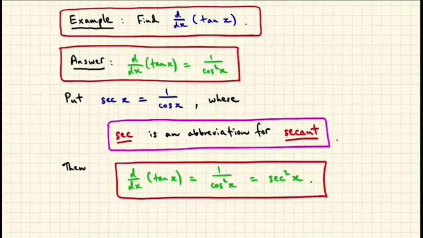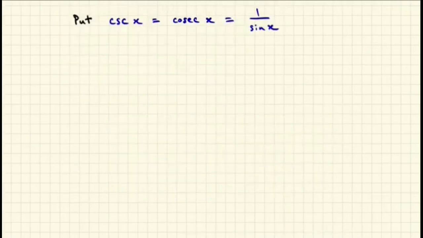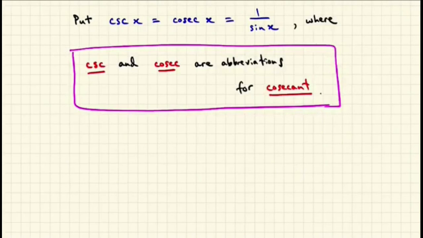There's special terminology also for the reciprocal of the sine function. CSC x, or cosec x, equals 1 over sine x, where CSC and COSEC are both common abbreviations for cosecant. There's one more.